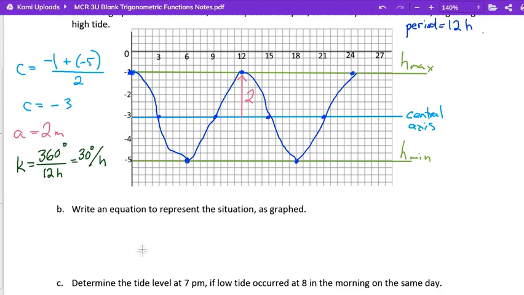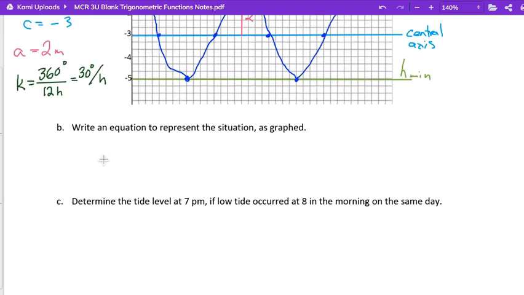All right, so we'll write the equation. What will be our y variable? It's going to be a height again. Our amplitude is 2. We're using a cosine function. We have a K value of 30. Remember, you don't need to put units in here.